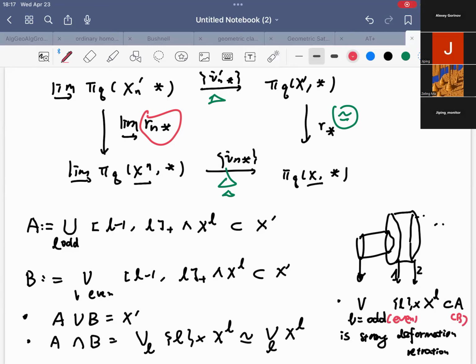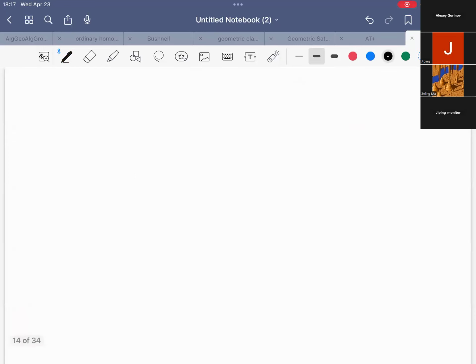Okay, so now we can use the Mayer-Vietoris sequence. Okay, take a new page. So we use the Mayer-Vietoris sequence.